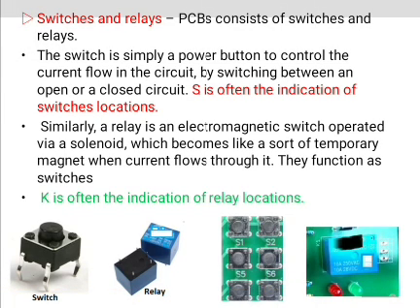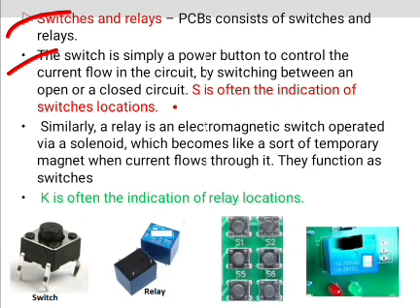Next component is switches and relays. Actually, this PCB circuit consists of switches and relays. First one is the switch. The switch is simply a power button to control the current flow in the circuit by switching between open or closed. There are different types of switches like push button, toggle, key switches and so on.